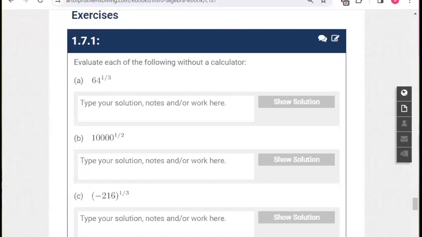So what do you think 64 to the 1/3 means? It means the cubic root of 64, which means instead of having 2 things that multiply to 64, you need 3 things. So what times itself 3 times is 64?